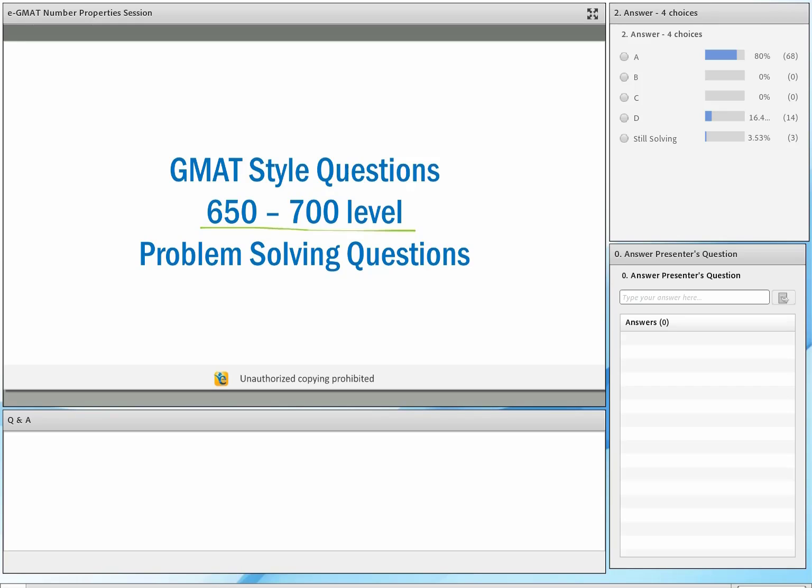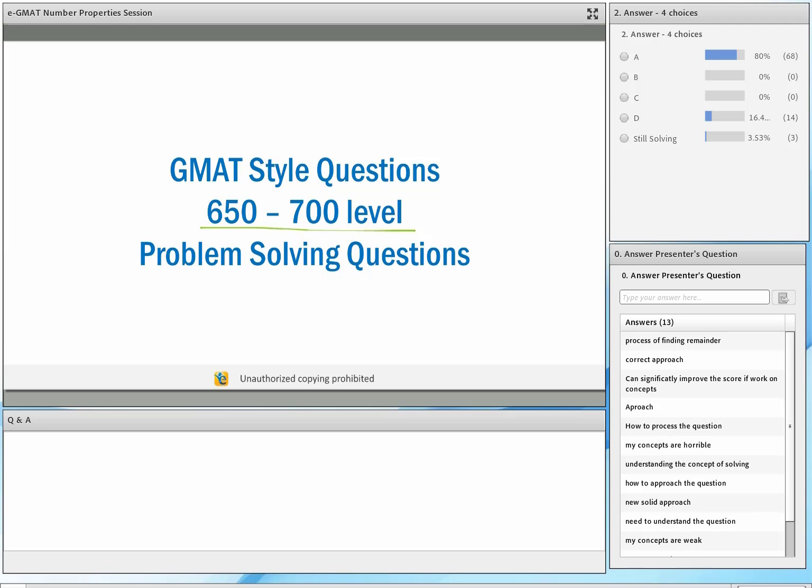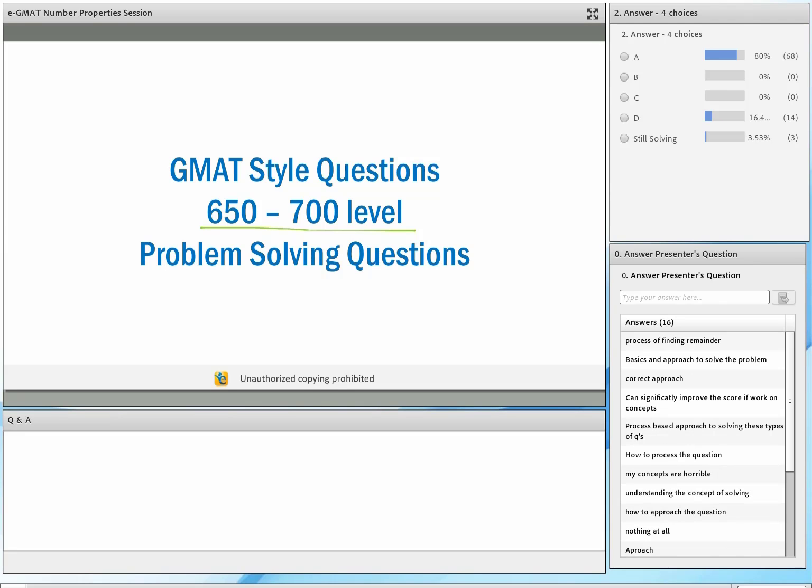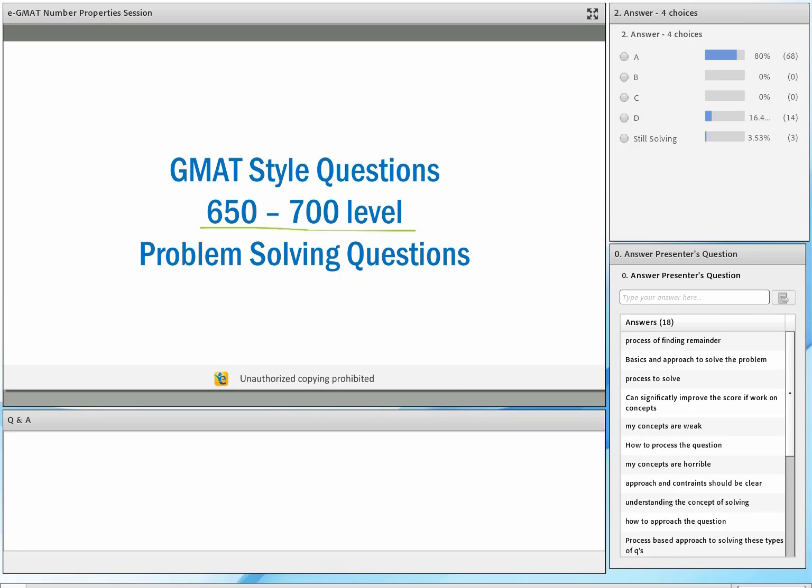Okay. Now, what have you learned till now? If you're just done with the warm-up section, tell me, what have you learned till now? Okay. You can significantly improve the score if you work on the concepts, the process of finding remainder, basics, and approach to solve the problem.